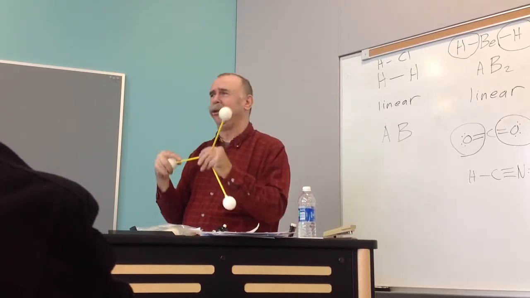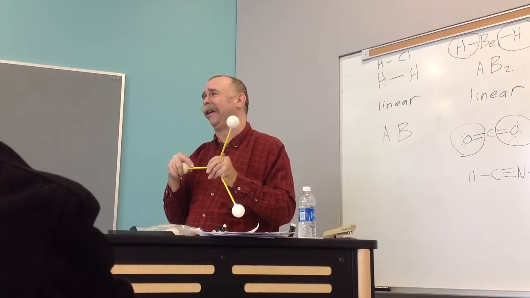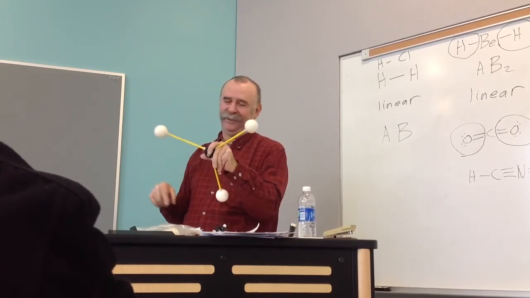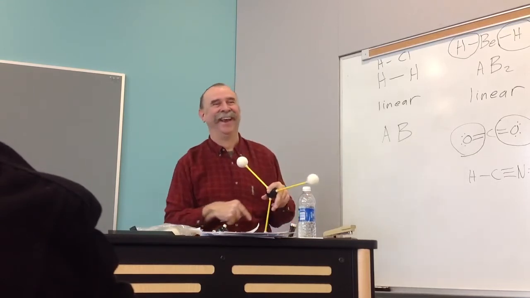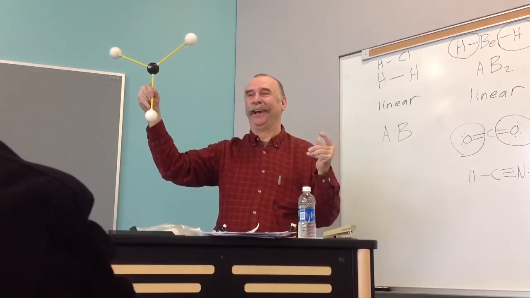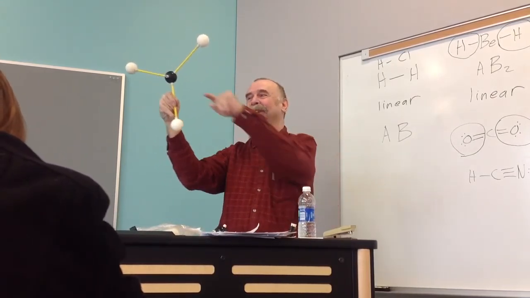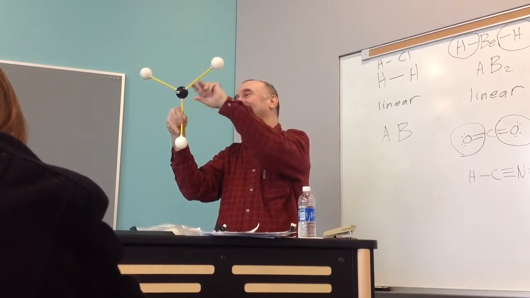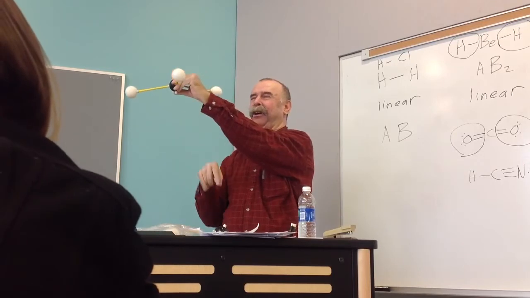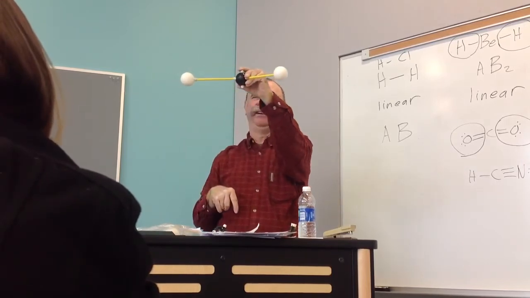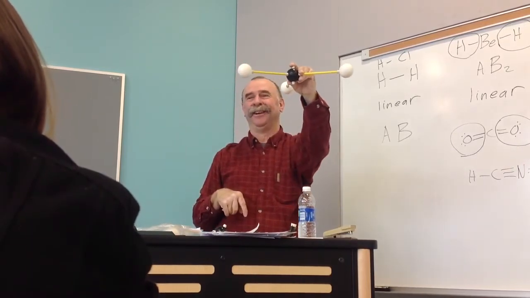Do you think these toys are made to be perfect 120-degree angles? I sure expect them to. Are they close to 120 here? Hopefully. It's bigger than 90, right? They all should look about the same angle. Does it look like all the atoms are in the same plane? As long as you don't look too close.